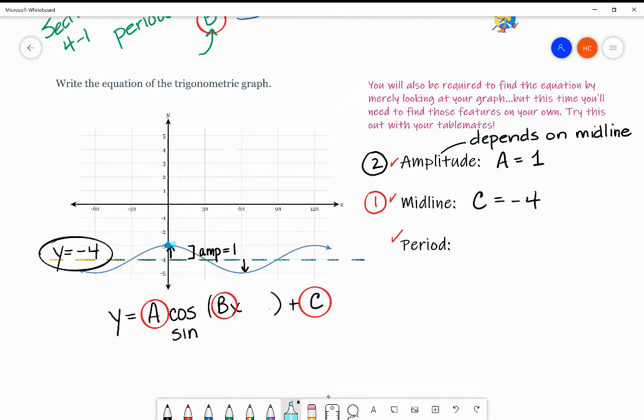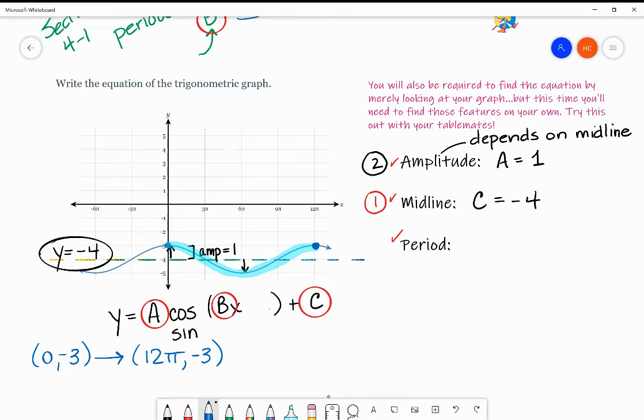So I start here at -3 and I traveled, and I traveled, and I traveled until I get to -3, and I hit -3 right there. So I'm going to stop right here. Notice I went from 0, -3, and I traveled all the way to 12 pi, -3.